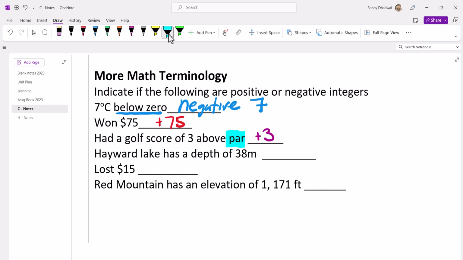If it takes you 4 hits, that means it took you 1 more than it should. So you have a +1 as your score. If you were able to do it in 2 hits, it took you 1 less than it should, then your score is a -1. So par is the 0 mark in golf.